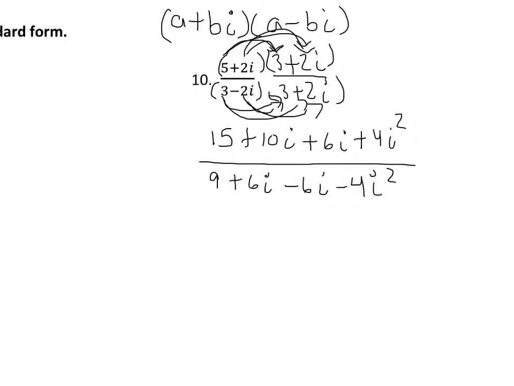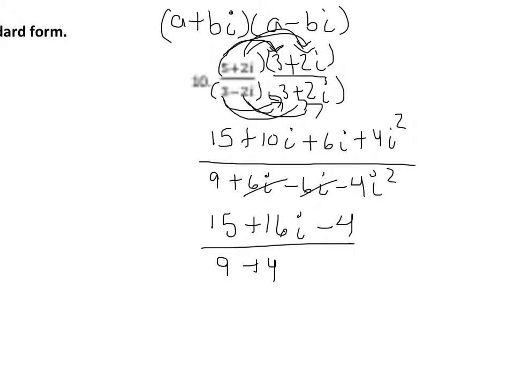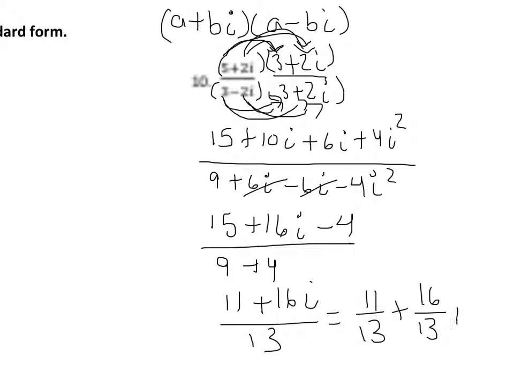So if I look at the top, I get 15 plus 16i, and then i squared is negative 1, so it's minus 4. For the bottom, those two cancel, and that would change to 9 plus 4, because i squared is negative 1. So now I have 11 plus 16i over 13, which is 11 over 13 plus 16 over 13i. Alright, let's take a look at the next page.